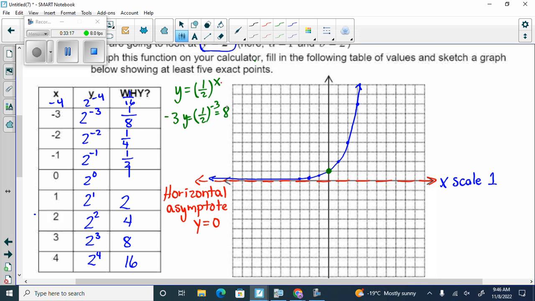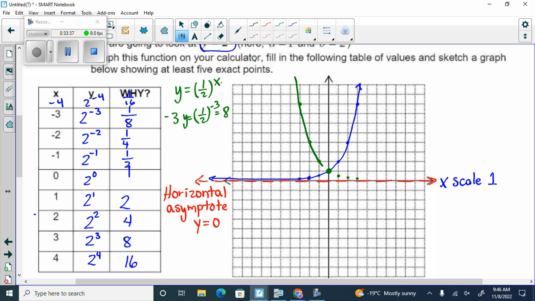Do you agree? So instead of 1/8, it would be at 8. And instead of 1/4, it would be at 4. And instead of 1/2, it would be at 2. 0 and 1 stays. This would be at half. This would be at 1/4. This would be at 1/8.